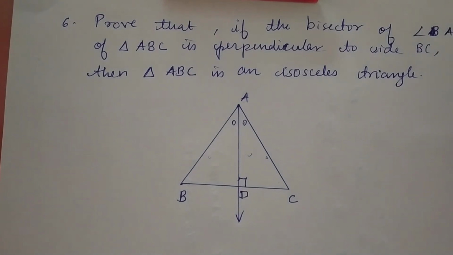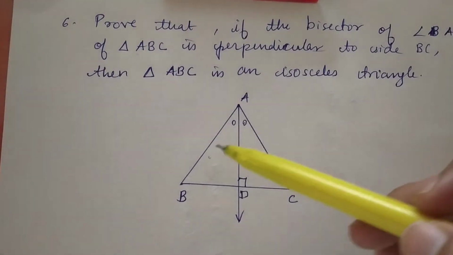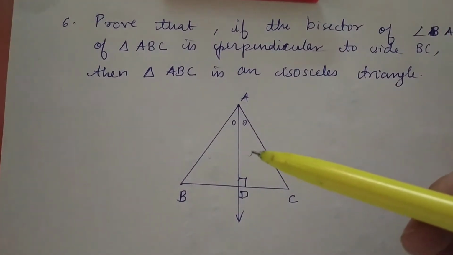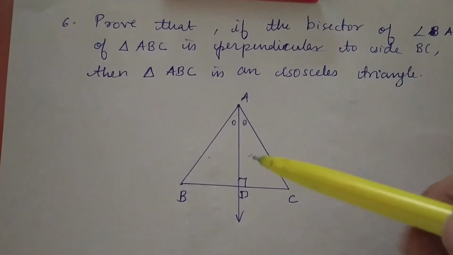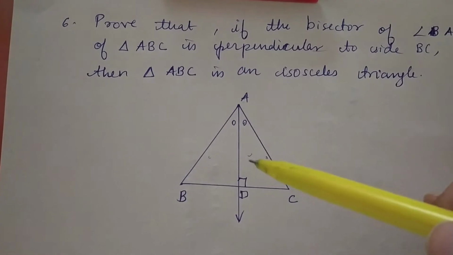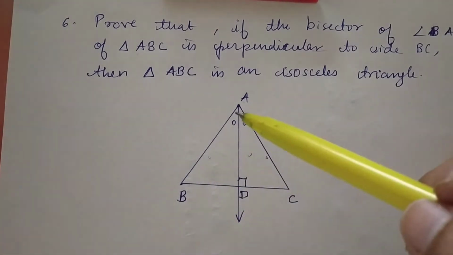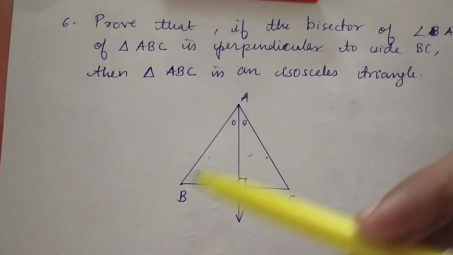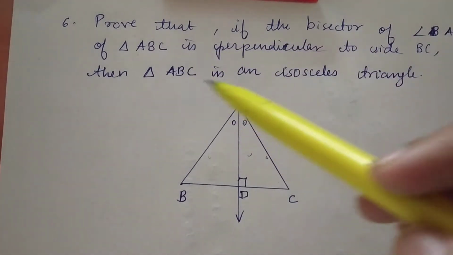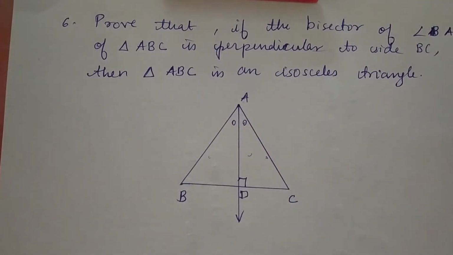So right now we are going to prove these two triangles congruent. Once we prove these two triangles congruent, we will say that AB is equal to AC, and since AB is equal to AC, we can say that triangle ABC is an isosceles triangle. So let us see.